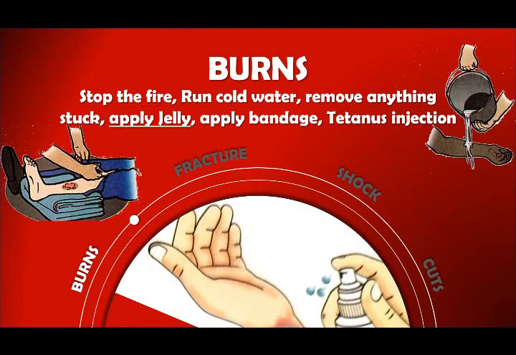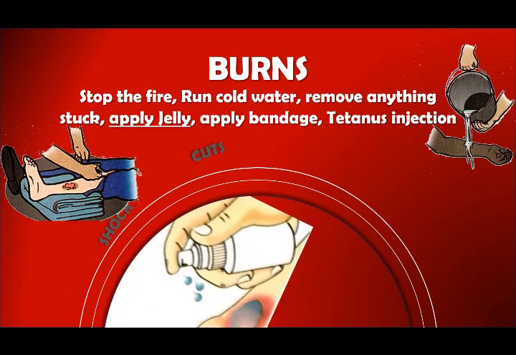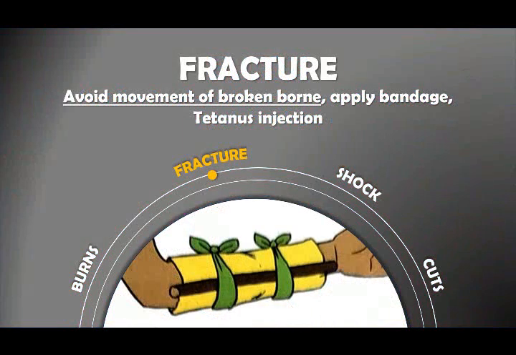Still on the burns, you can see also the middle picture showing that we are applying jelly. So those are the first aid measures when you burn yourself, or when someone close to you or a friend or a stranger is burnt. So I think we're going to move on to fracture.